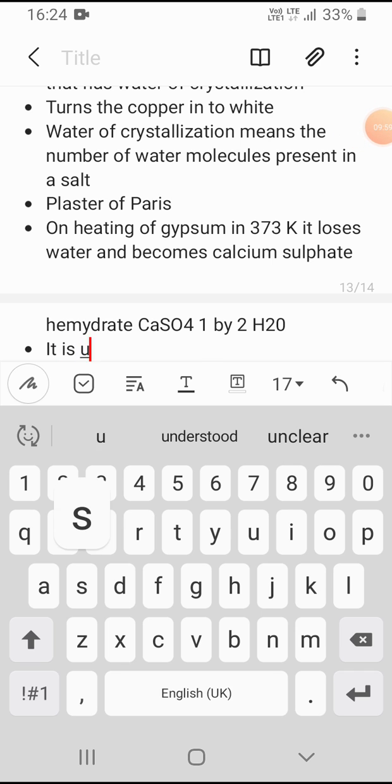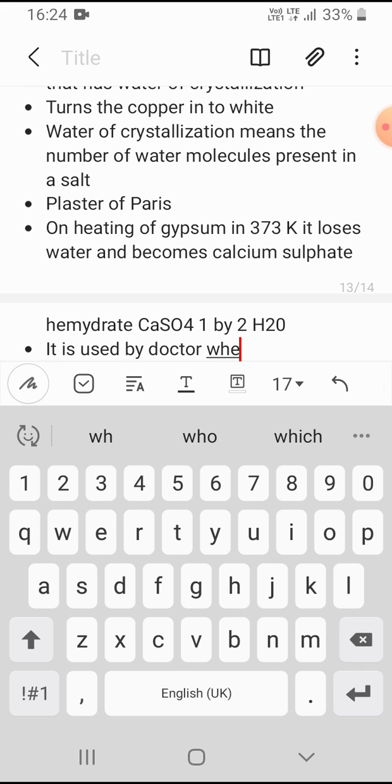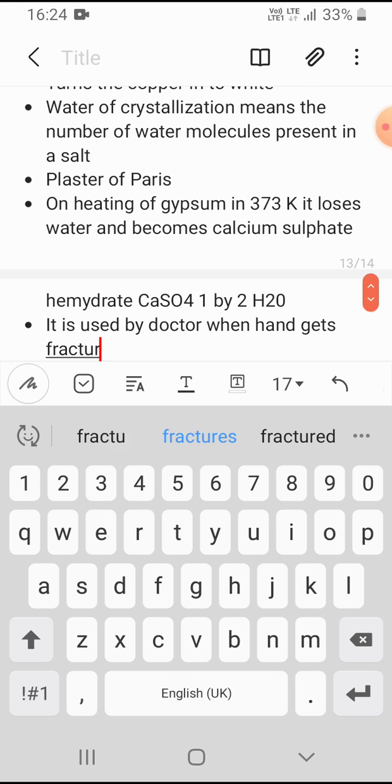It is used by doctors when your hand gets a fracture. As you know, the doctor will put a bandage and wrap plaster around it so that you can't move the hand and it stays tight. It cannot be easily cut by scissors.